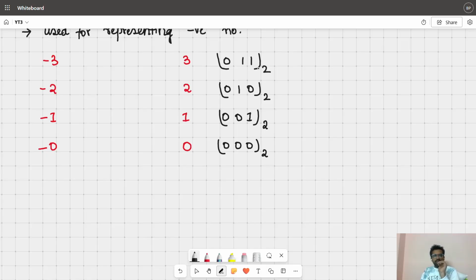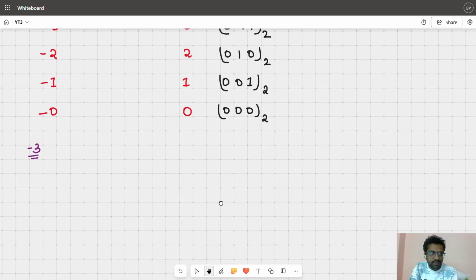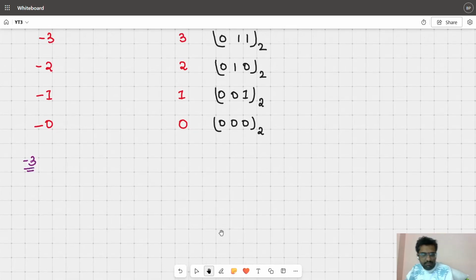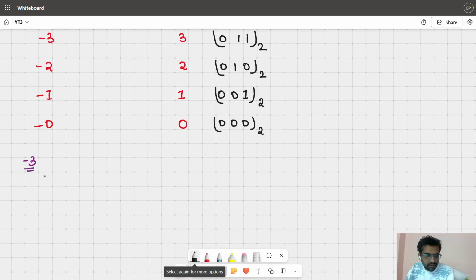Now, let's come to finding out the value for a negative number. How to find out the 2's complement equivalent for minus 3? Whatever methods we were using previously, we will use the same method. First we write down its equivalent in a 3-bit format: 0, 1, 1.